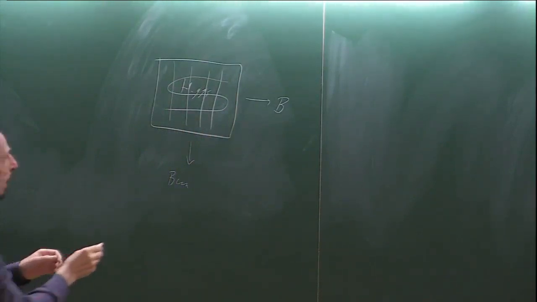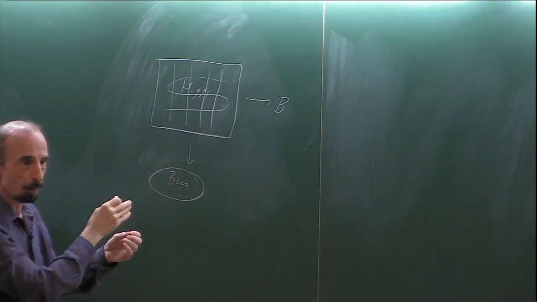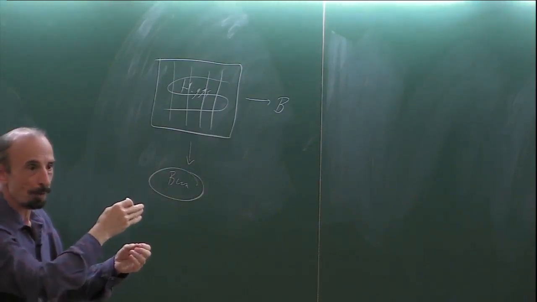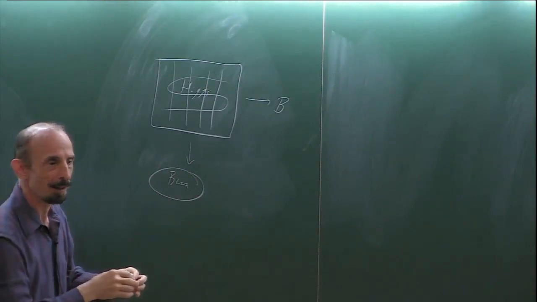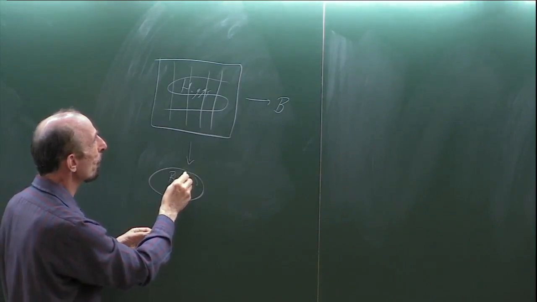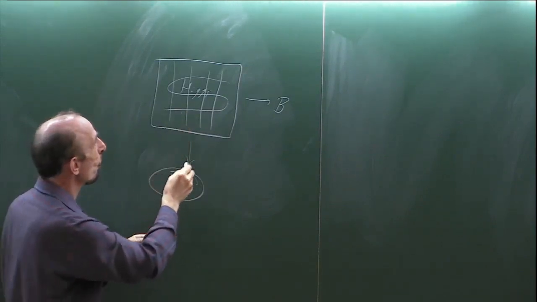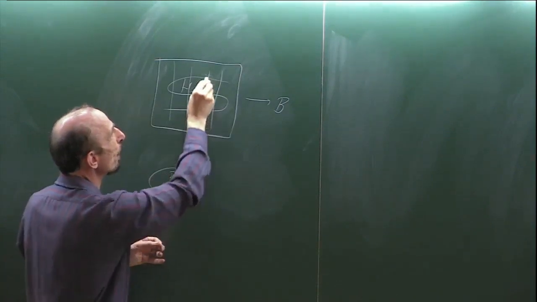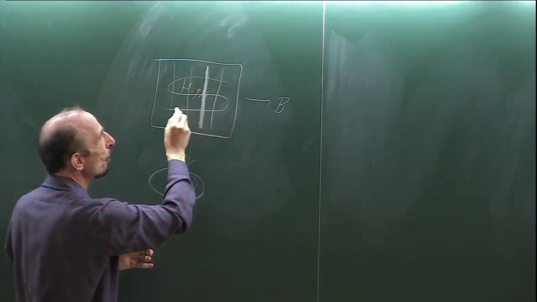Okay? I'm trying to produce an object on Bun. That object should be, well, a local system over the good locus, and then it'll get corrected somehow to a perverse sheaf. So given a point here, a general point, I want to get a vector space that I associate to it. So what I do is I take the fiber over that point, and then I compare it with this.